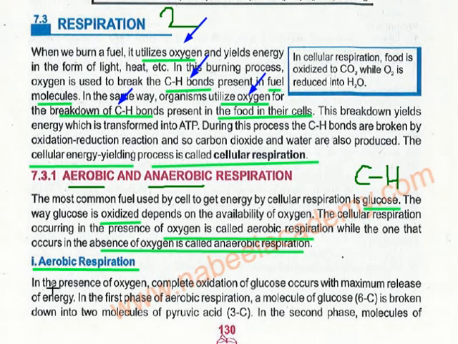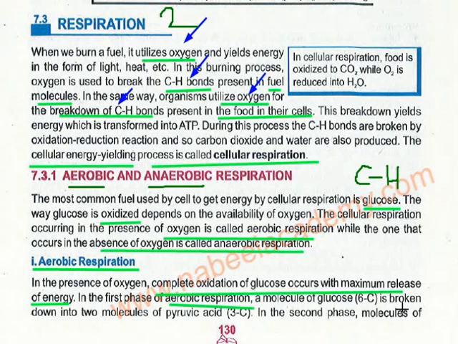So aerobic respiration is in the presence of oxygen. Complete oxidation of glucose occurs with the maximum release of energy. So the energy which is going to get released will be in maximum amount, and the oxidation will be complete. This is known as aerobic respiration.